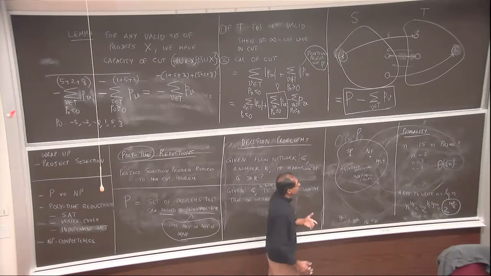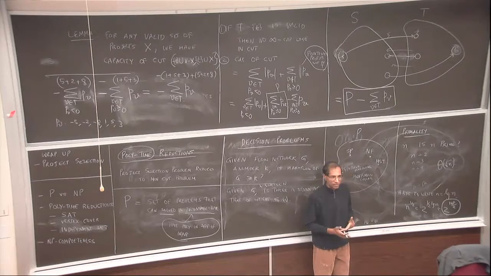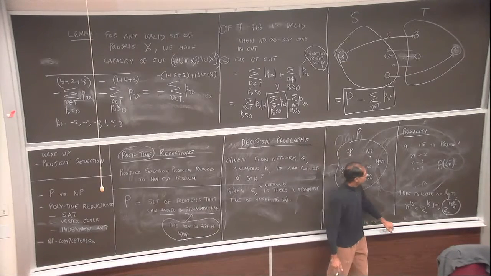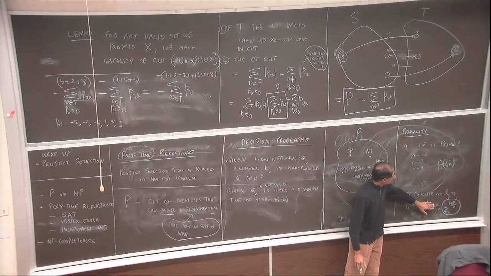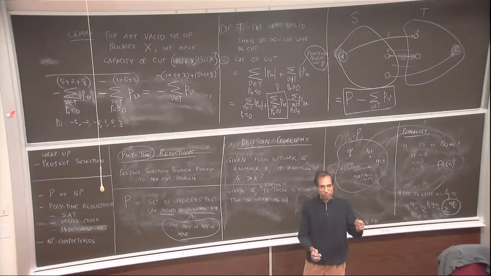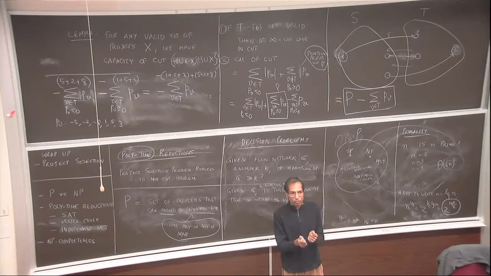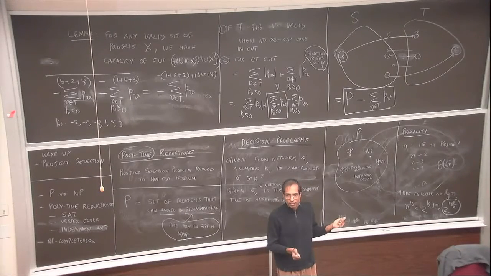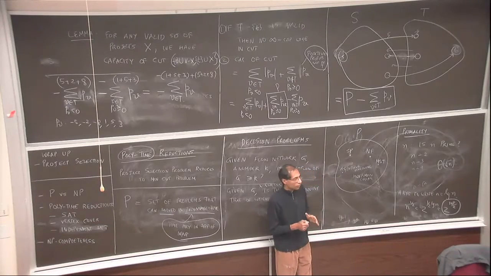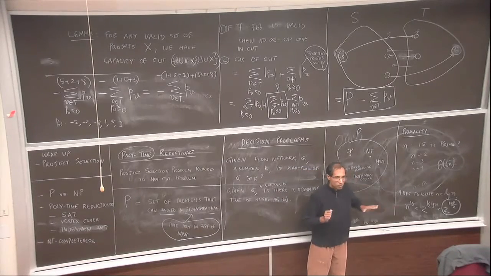In fact, all of us should be very happy that that is the case, because if this was not the case, then factoring, the question of taking a number and finding its factors, would become very easy. But if you look at it, all of cryptography relies on the fact that this algorithm is not practical.